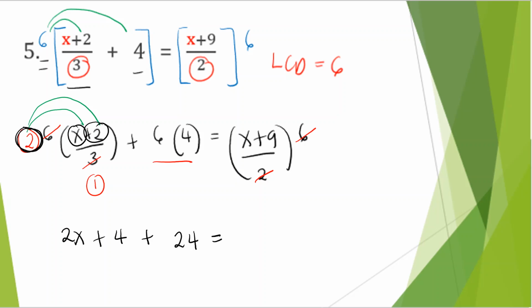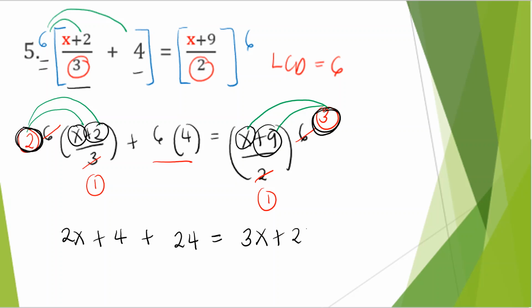So 2 divided by 2 is 1. 6 divided by 2 is 3. Again, we will distribute 3 to the binomial. So x times 3 is 3x. Positive 9 times 3 is positive 27.